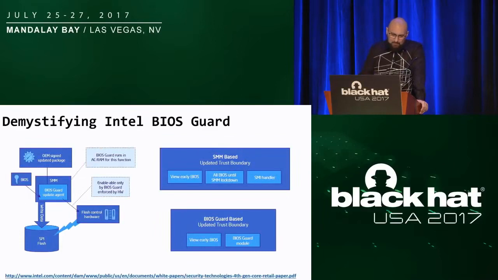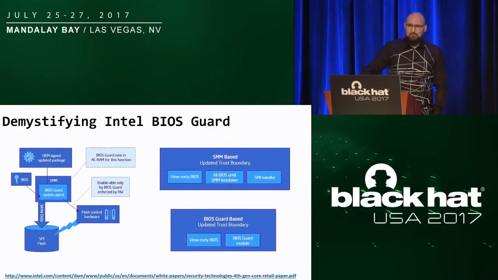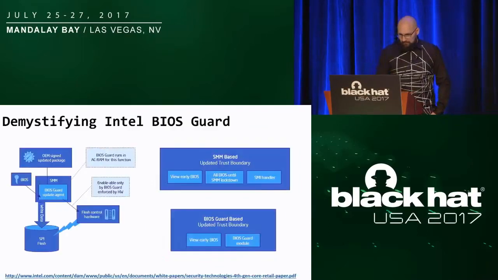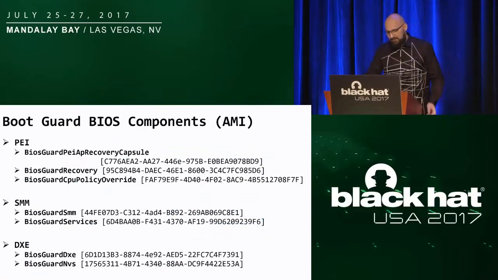So that's all the information that exists about BIOS Guard from the public, from Intel. It's actually not too much, and I also decided to get deeper with reverse engineering tools. With the ACM module, we have a lot of different PEI, DXE, and SMM drivers.